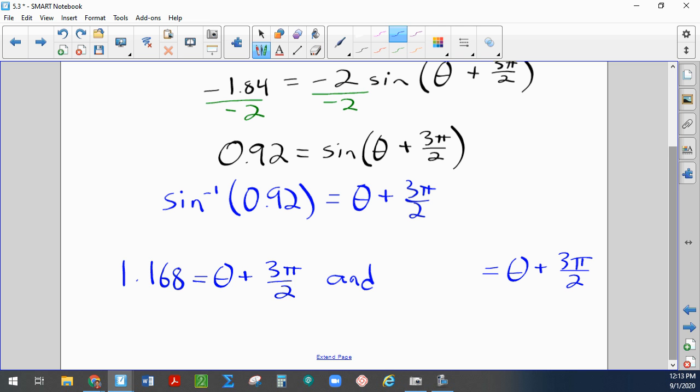So this is a quadrant, let's see, we're doing sine. That's a quadrant 1 angle, 1.1. Pi divided by 2 is 1.57. So this is my quadrant 1 angle.